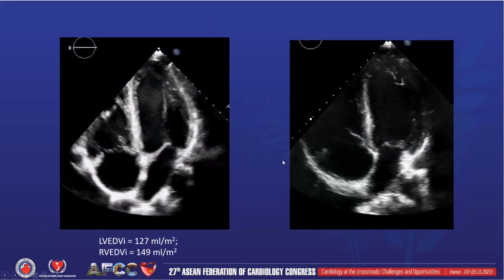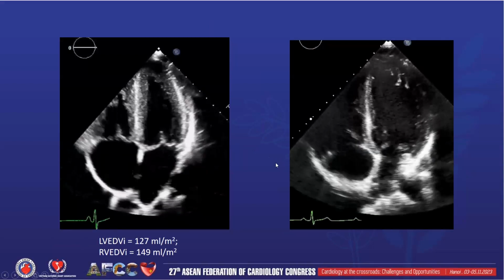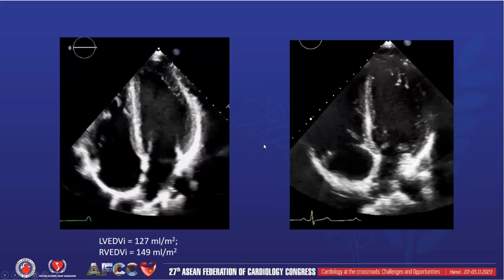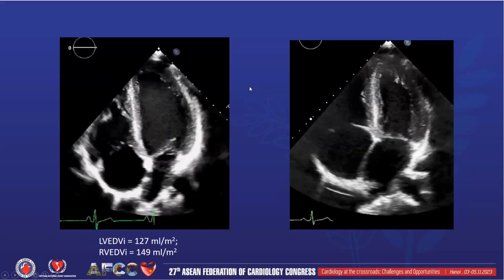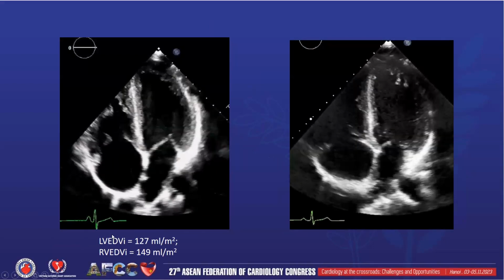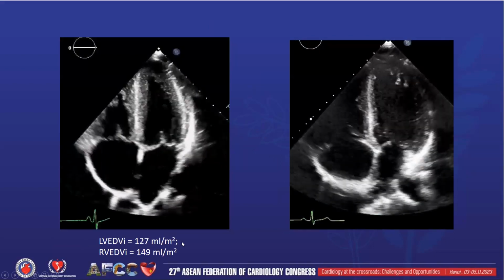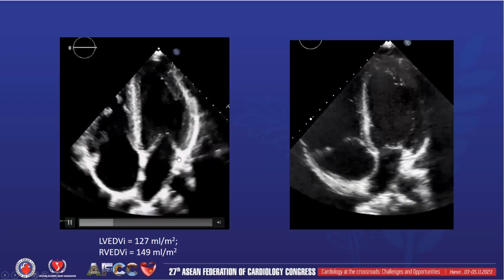This is a couple of examples of two echocardiograms of athletes that we've taken care of at the University of Washington, both at a collegiate level and then at a professional level. This individual on the left was a cross-country runner, and you can see the left ventricular end diastolic volume index is significantly increased, even though when you look at it, this looks like a pretty normal echo.